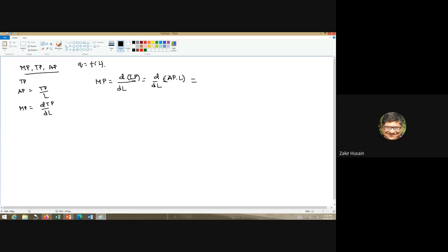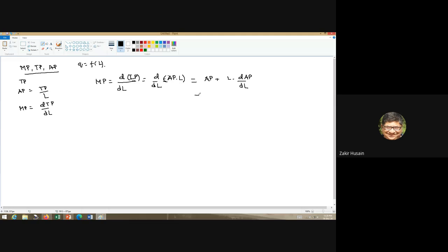This is the chain rule, U into V. So MP is AP plus L into dAP by dL.